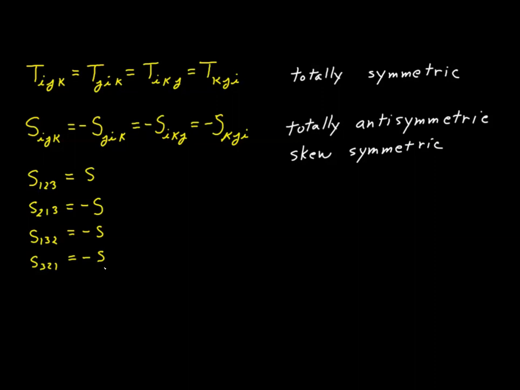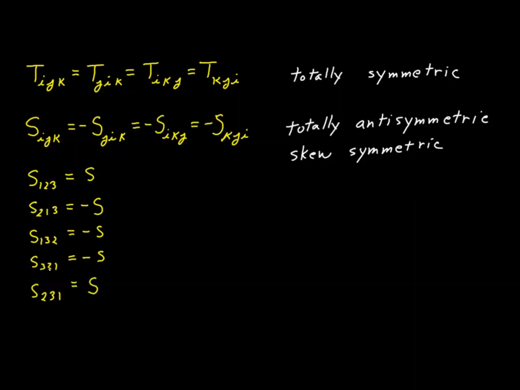Okay, but now let's take the second term, this one right here, and flip the second two indexes. We get S231, and because we're flipping a pair of indexes, we have to change the sign, and that becomes positive. All right, let's do the same thing now with this expression.